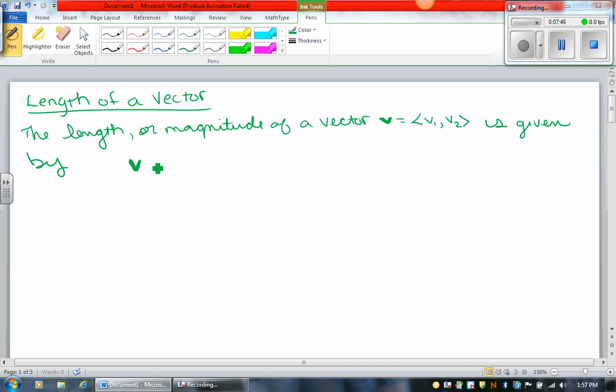The magnitude of v equals the square root of v sub 1 squared plus v sub 2 squared.